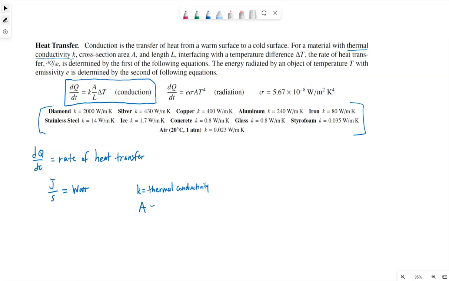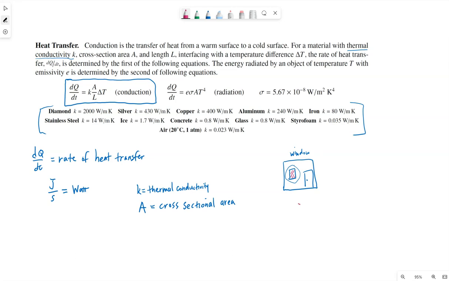A is the cross-sectional area. So a window, for example, in our homes, our apartments, our cars, this is my sad picture, our window here, just as an example, when we talk about A, we mean this cross-sectional rectangular area of the window that is the separation between inside and outside.